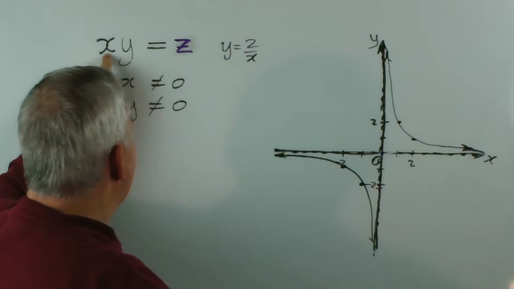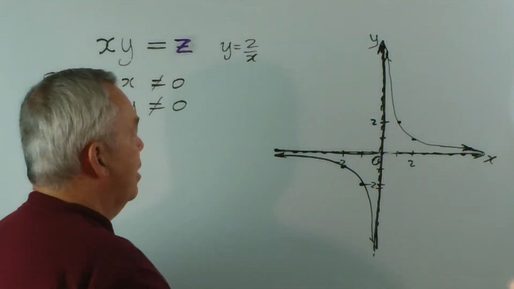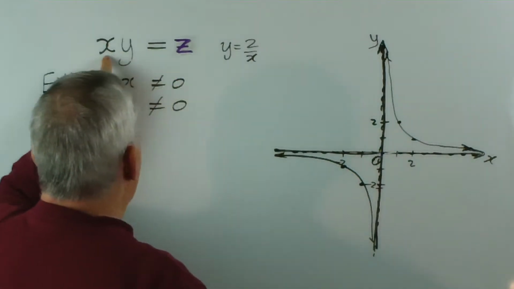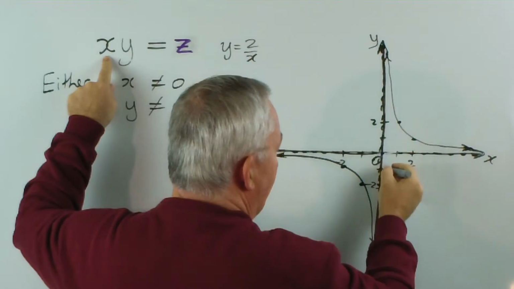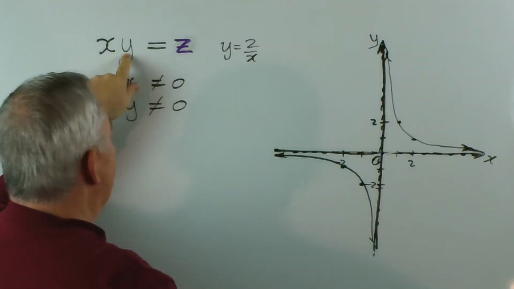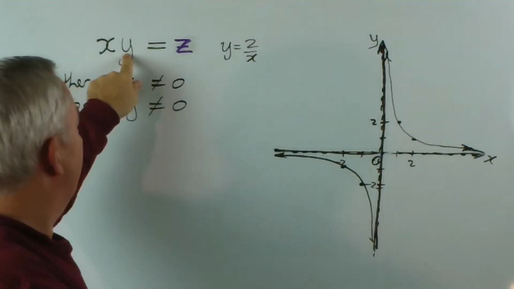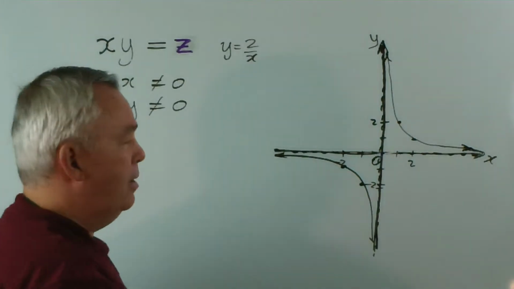In fact, as long as x is 0, I don't care what y is. Z will always be 0 if x is 0. So all along this line, the z value will be 0. Similarly, if y is 0, I don't care what x is. 0 times anything will give me a 0 for z.